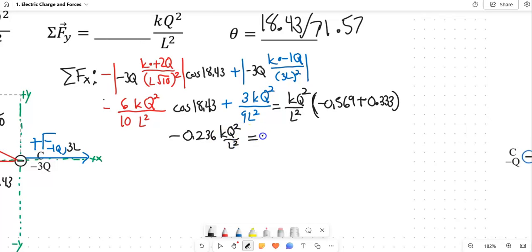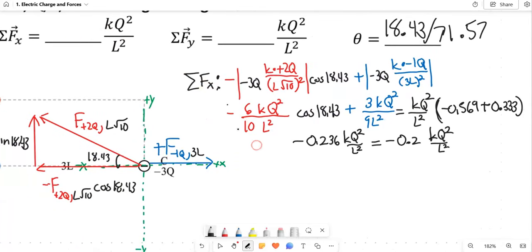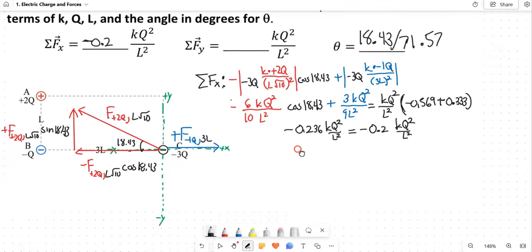But since we're rounding, that's going to be negative 0.2 kq squared over L squared. Again, I only want you to round to the nearest tenth. So negative 0.2. There you go. All right.